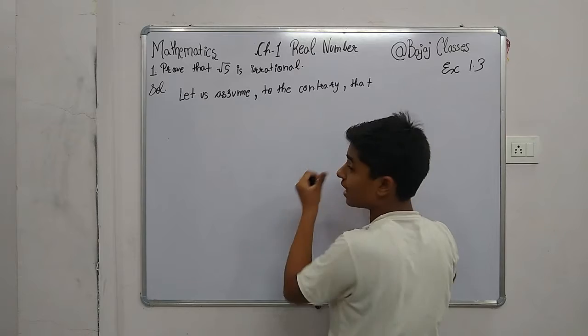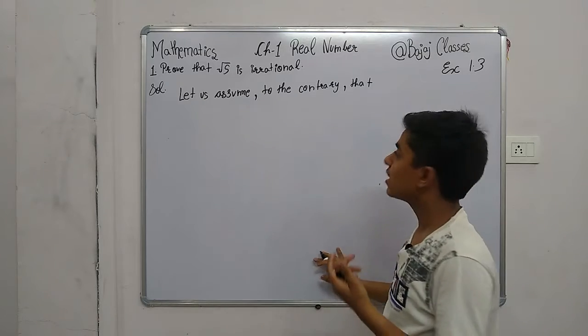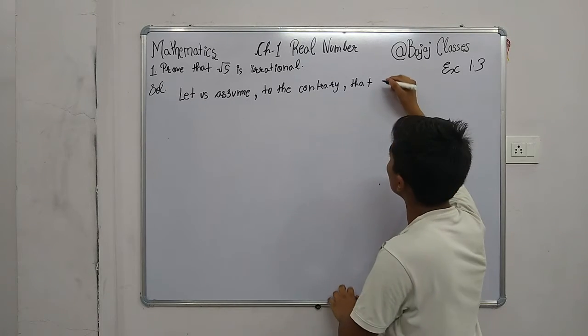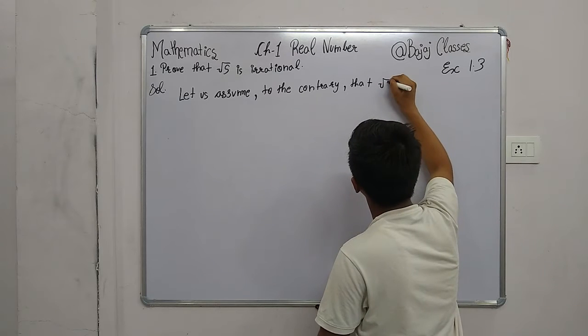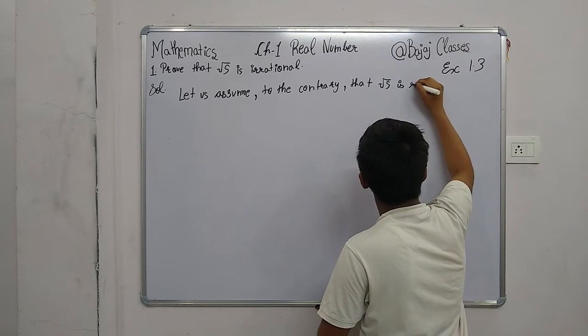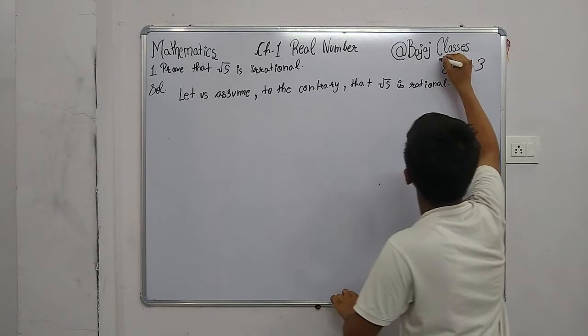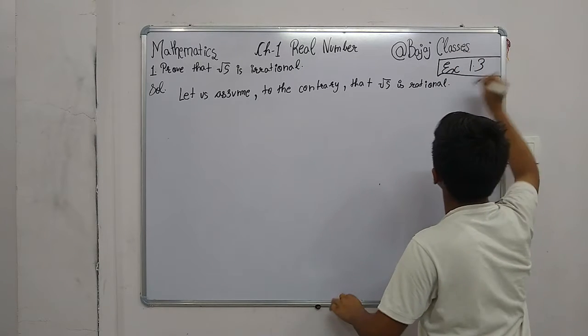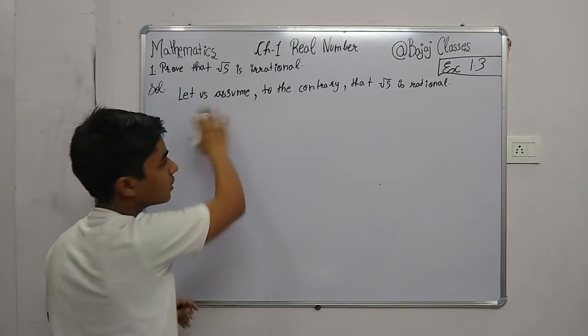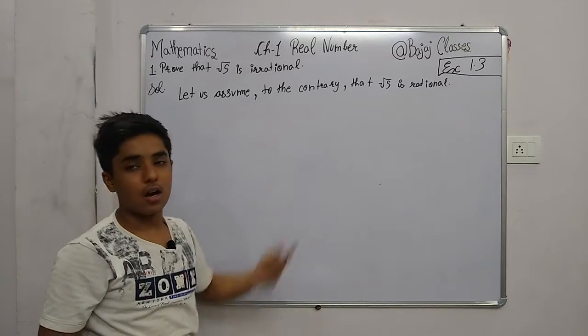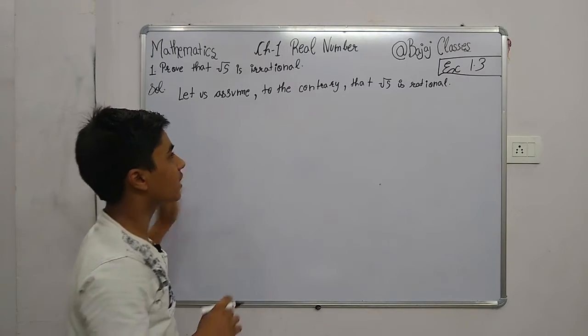We have to prove it irrational, but to prove it irrational we have to take this contrary. So the first step is that we have taken it as contrary that under root 5 is rational.